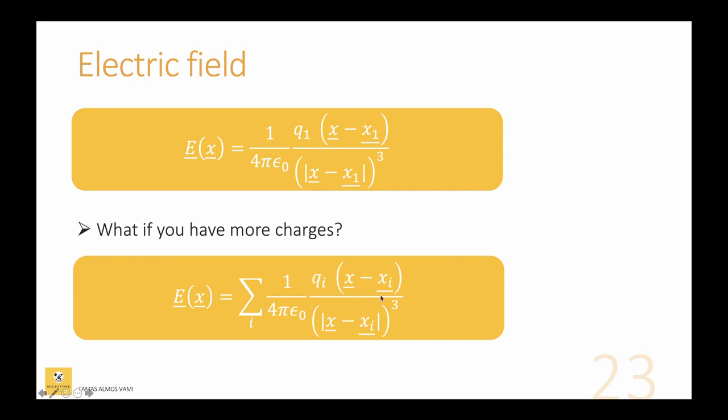All these charges are located at xi points, and so what we do is add up these things, vectorially, right? We look at the first charge, we calculate this value, and then we add the next one, and this addition is coming through here with the sum for the i.